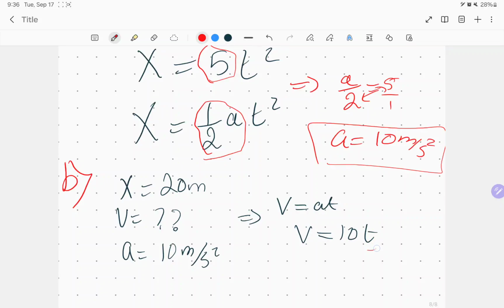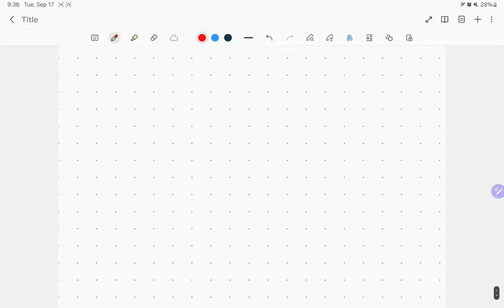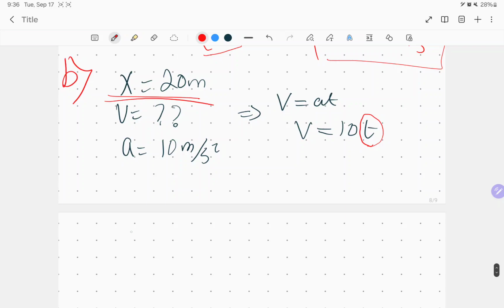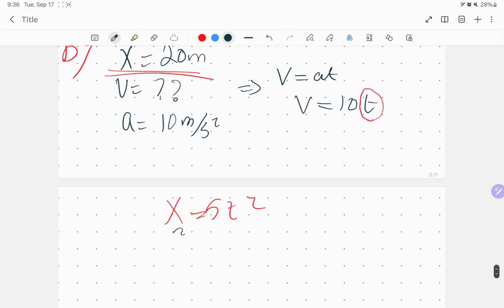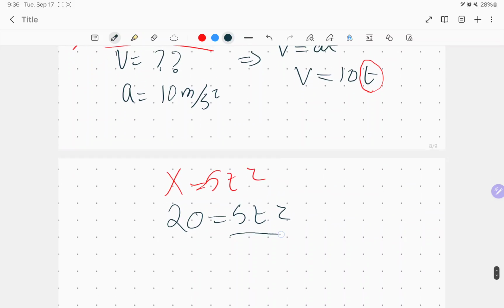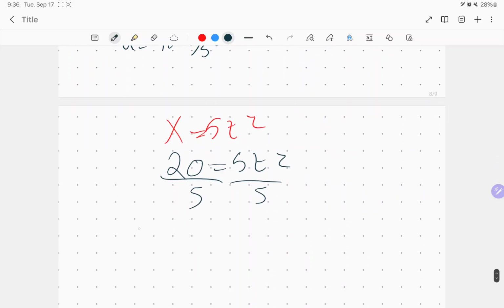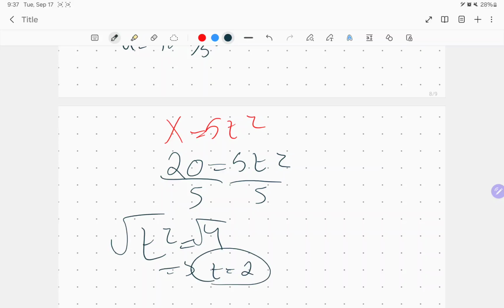But take a look. The problem here is I don't have time. But since he gave me distance, I can use another rule to get time from it. We know that x equal 5t squared. So instead of x over here, let's substitute the value of 20. I get time from it. So 5t squared equal 20, divided by 5 on both sides, t squared equal to 4, meaning t equal to 2 seconds.